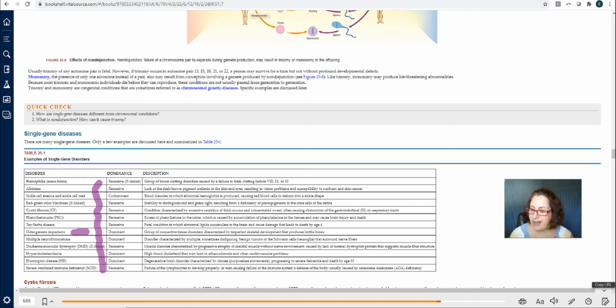And it's dominant. And so you look at that and you think, but I don't know anybody who has this disease. You got to remember, just because it's dominant does not mean a lot of people carry it. It could be rare, but where it shows up, you're going to see it, okay, because it's dominant.